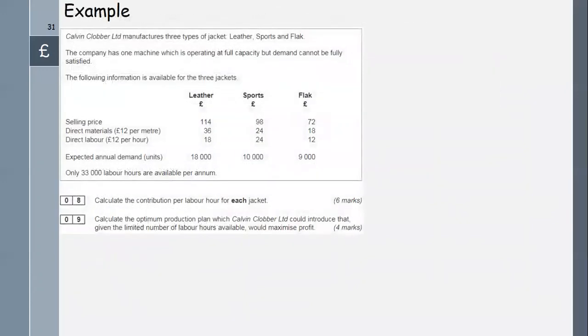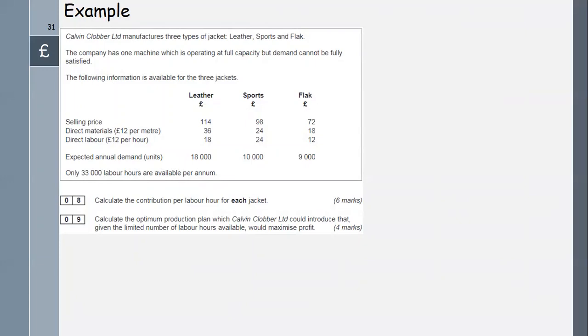So, an example. Press pause, you can read that yourself. The scenario is they've got one machine to make these 3 jackets. The selling price is given to you, and the materials are given to you at £12 per meter. If you notice, it says leather is £36 direct material.